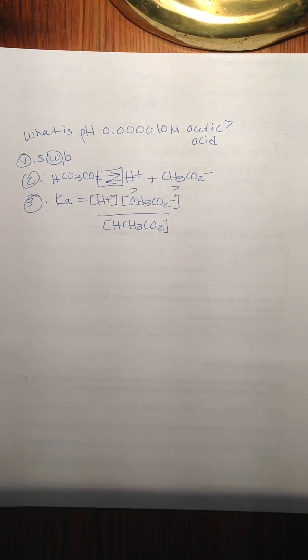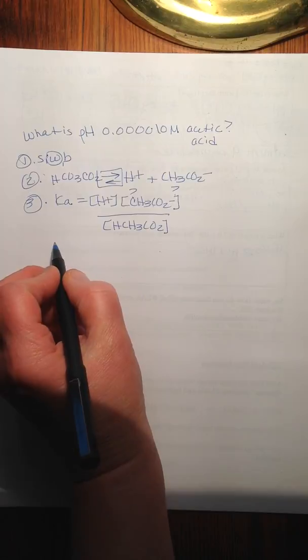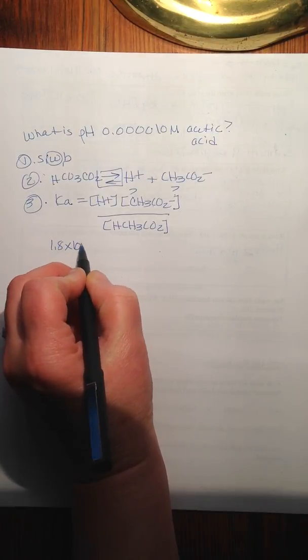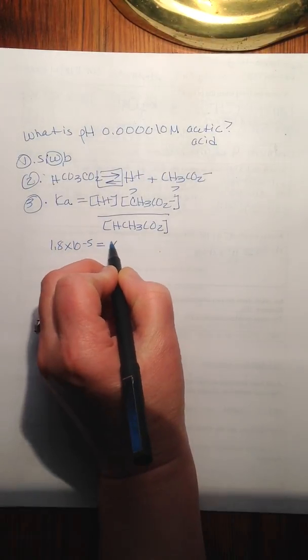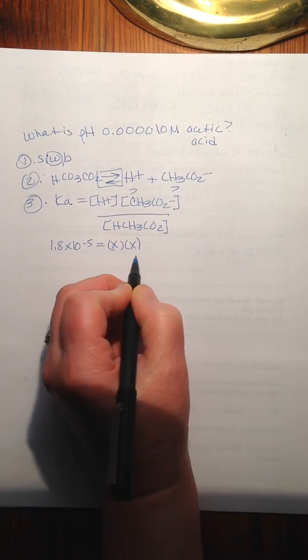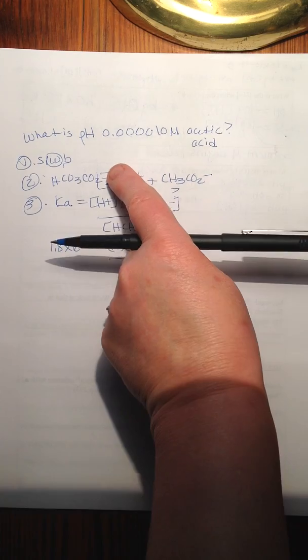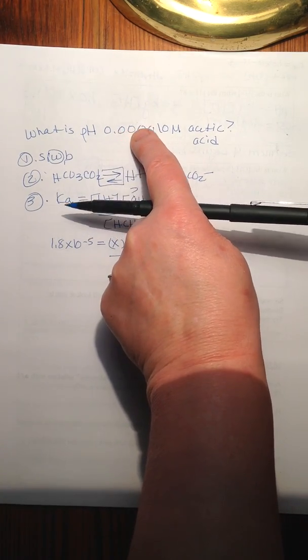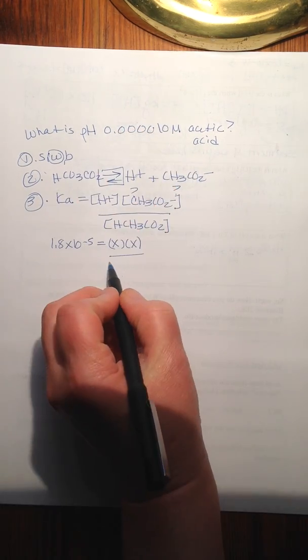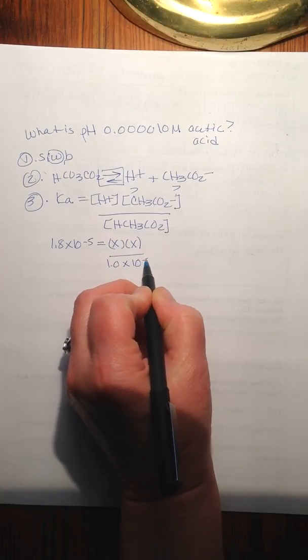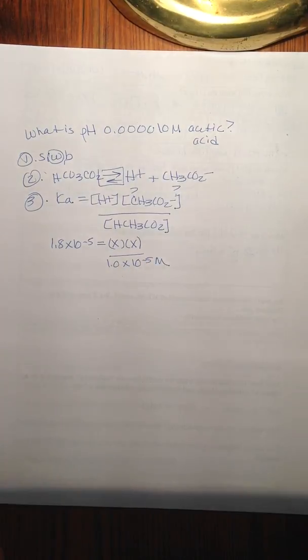So Ka we're going to look up in the table, and the table is 1.8 times 10 to the minus 5 equals X times X divided by the amount of acetic acid that we start with, which is 1.0 times 10 to the minus 5 molar. Now we're making some assumptions here.